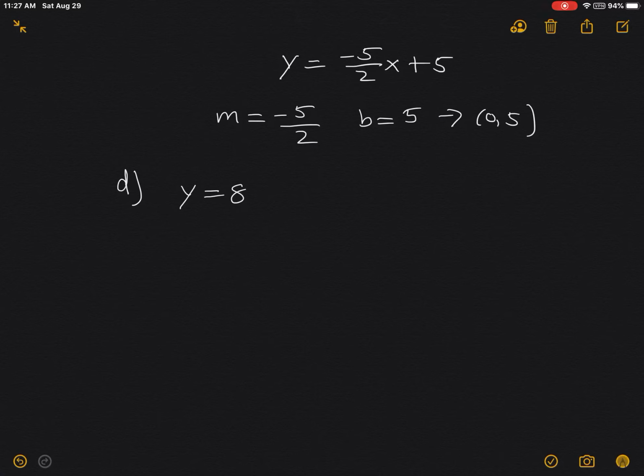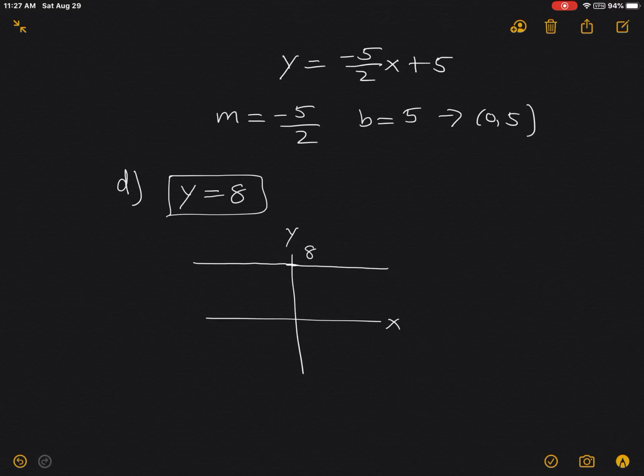This is a horizontal line, and oftentimes students get confused, like, do I go to the x-axis or do I go to the y-axis? Well, because it says y is equal to 8, right? You want to go to your y-axis. And I'm not going to draw all 8 tick marks. I'm just going to pretend that this is 8, right? Would you agree that this is y is equal to 8? Well, if this is y is equal to 8, just draw a horizontal line. If it's y is equal to something, you're going to have a horizontal line.